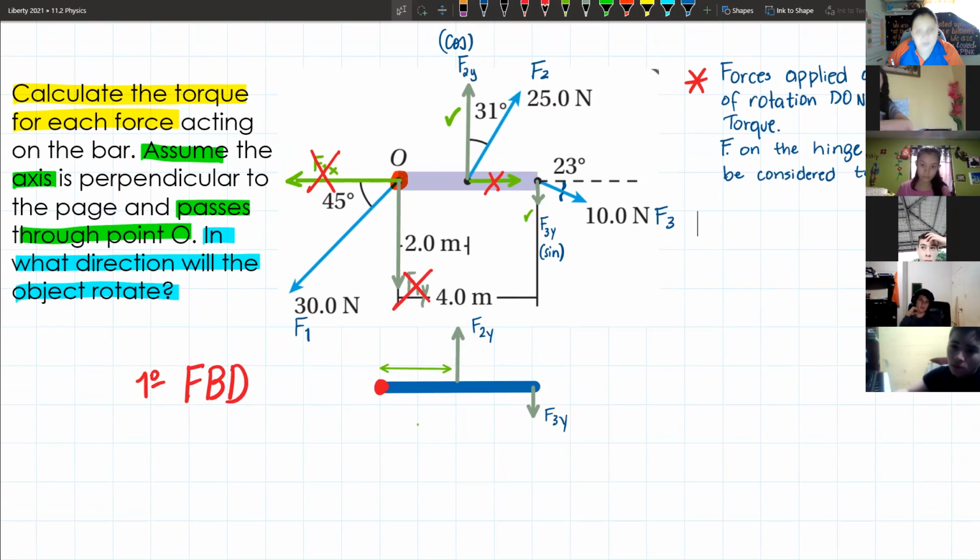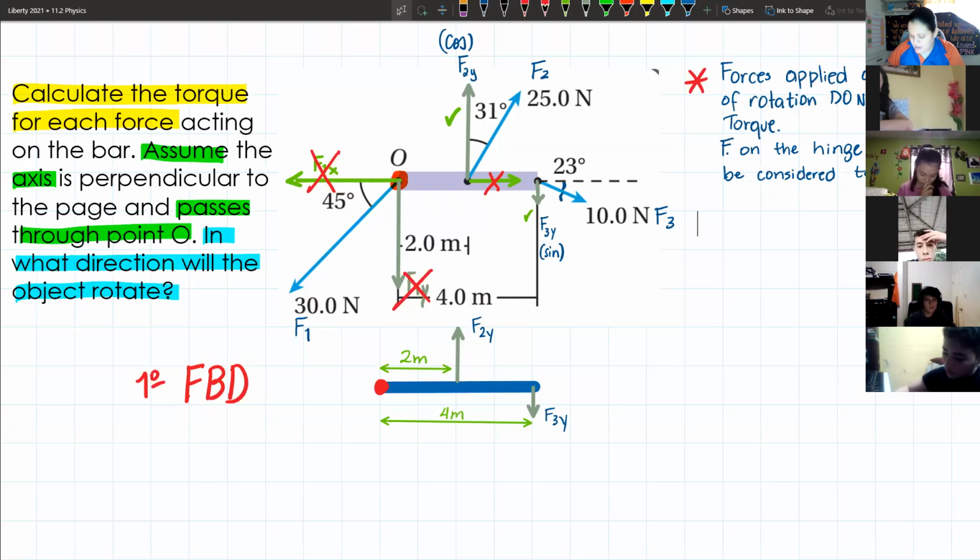That measures 2 meters. And now the last lever arm that measures 4 meters. That's my free body diagram. That's everything I have. Okay.